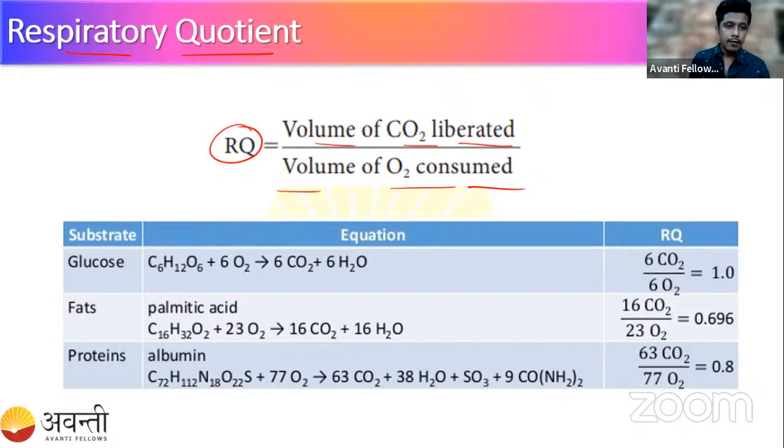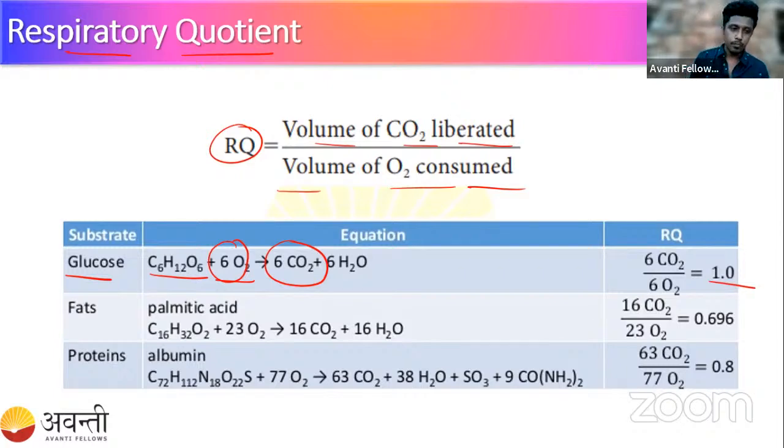As I told you, if I take glucose as an example, the glucose goes into complete breakdown, or burn down. The formula of glucose is C6H12O6, and it combines with 6 molecules of oxygen to give rise to 6 molecules of carbon dioxide. So that shows that it's been completely utilized, and that gives us 1.0. The respiratory quotient for glucose is 1.